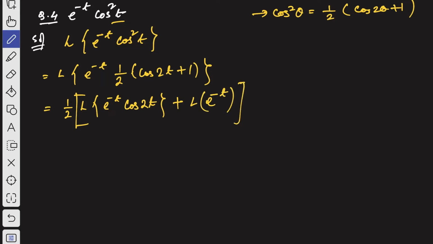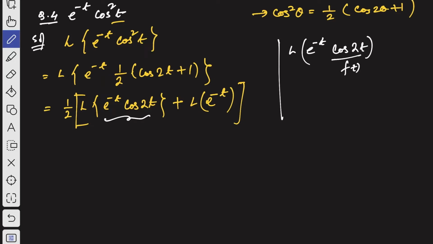Okay, so here you see, in this first part, we are going to apply the first shifting theorem. Laplace transformation of e to the power minus t, and here cos 2t, right? So in this case cos 2t is our f of t.